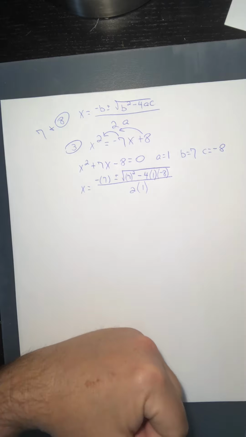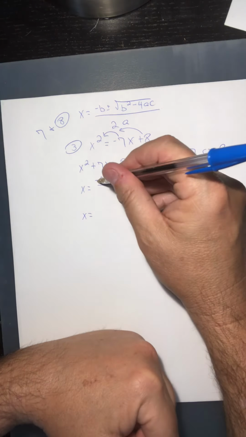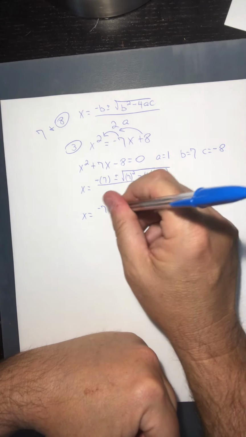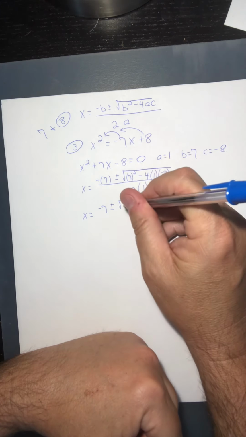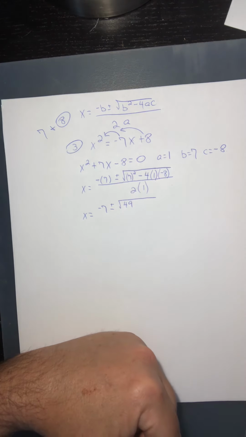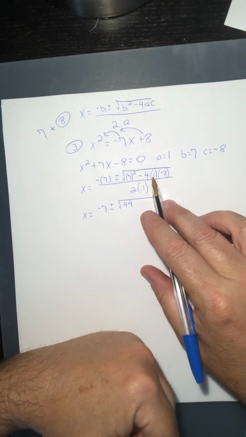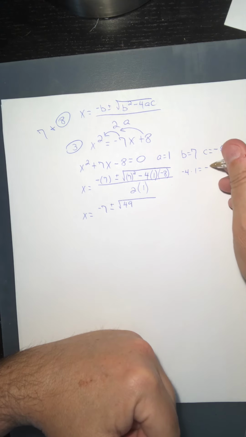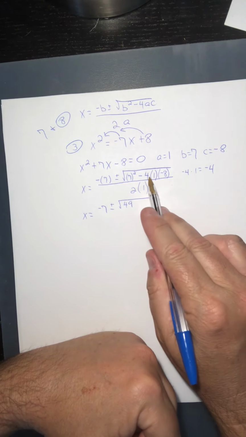All right, so let's start cleaning it up. Negative 1 times a positive 7 is going to make it a negative 7, plus or minus the square root of 7 squared is 49. Negative 4 times 1 gives me negative 4.